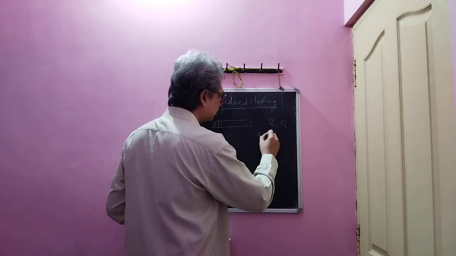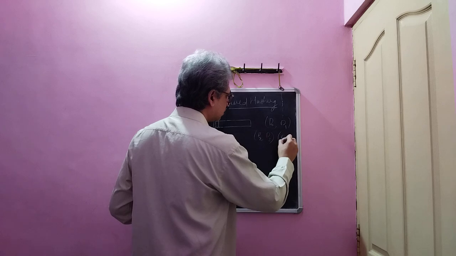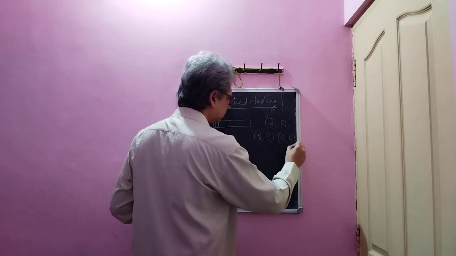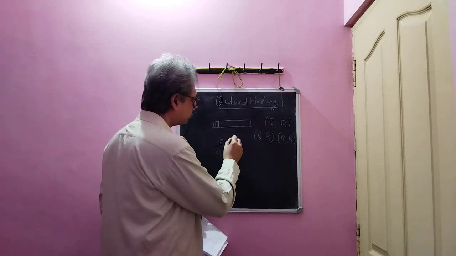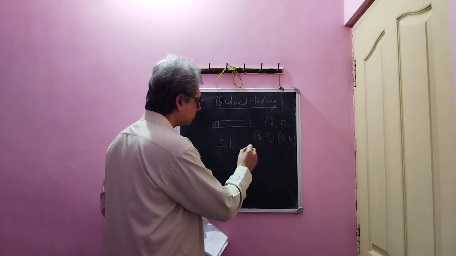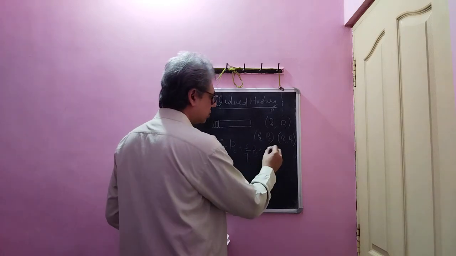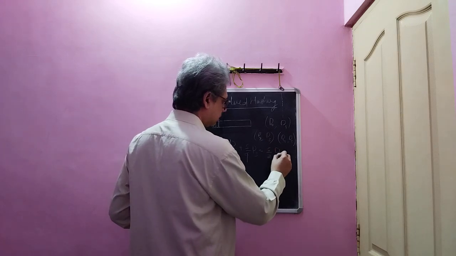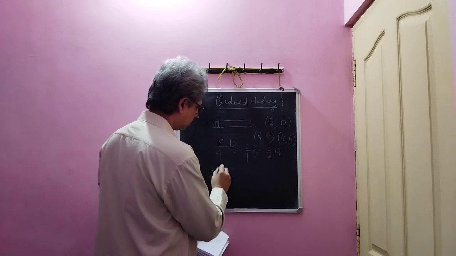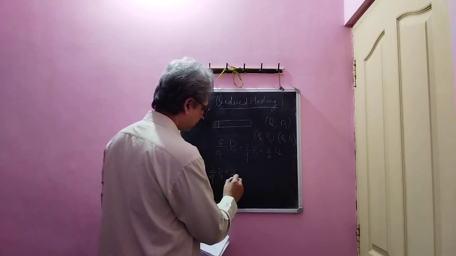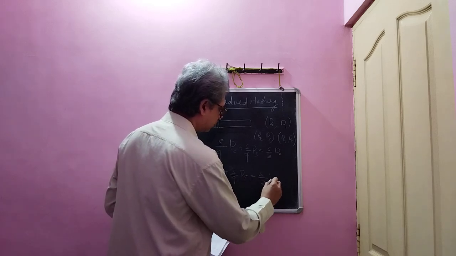Then you need to determine d2, d3, d4, d5. In other words, you need to determine s by 4 times d2 plus s by 4 times d3 is equal to s by 2 times d0, and s by 4 times d4 plus s by 4 times d5 is equal to s by 2 times d1.